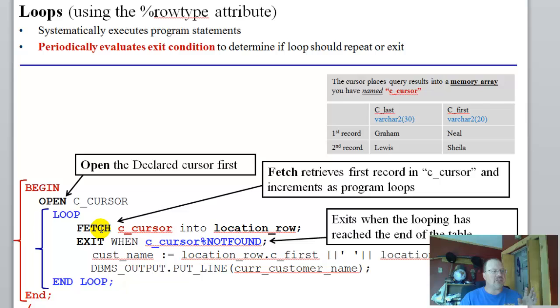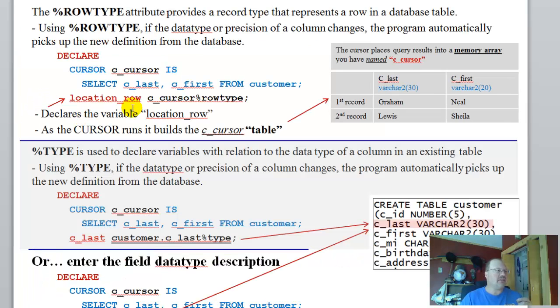At this point, you need to fetch all of this information one record at a time, first come, first served, from ccursor. So fetch ccursor into this memory variable. It's called location row. Remember, we defined location row right here.